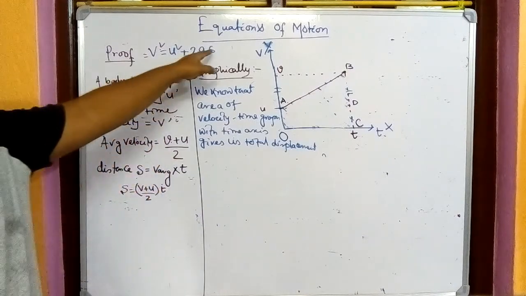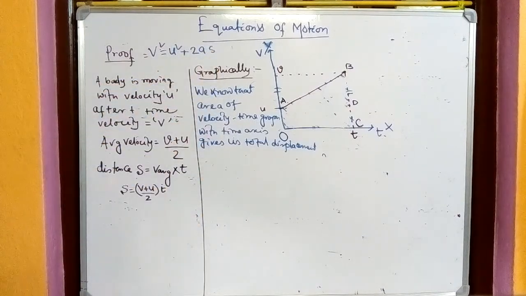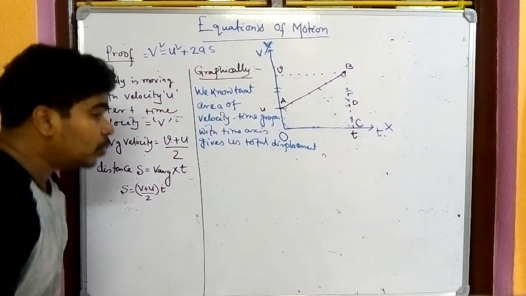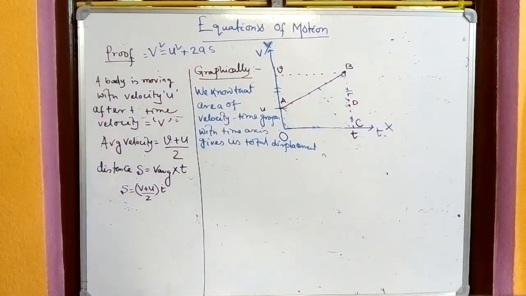Because here you see s is there, and whenever we see there is an s, we will not go further. We will just use the same technique, finding the average velocity and multiplying with the time to get the total distance, that we have done. That is s equals v plus u by 2 into t.